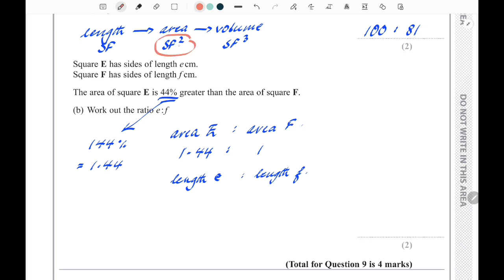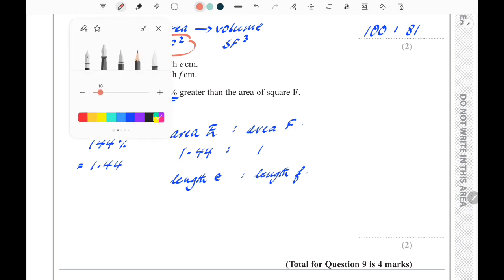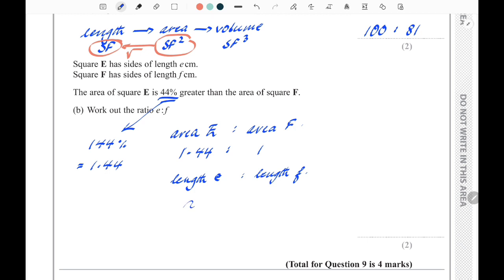Area is given by the scale factor squared. And if you want to go to the scale factor, you square root it. So bear that one in mind. So what that's going to be is square root of 1.44 to square root of 1 is just 1. So that actually comes out to be 1.2 to 1.